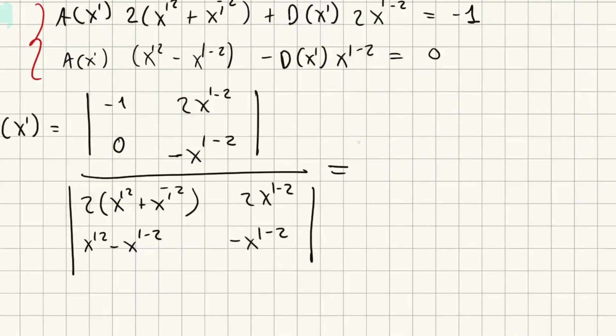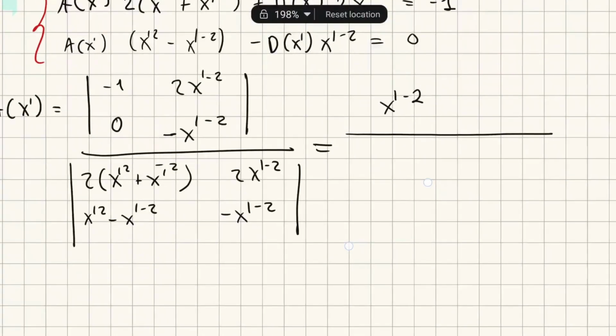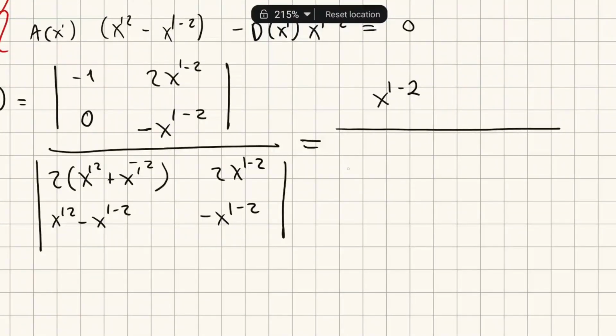It will be x prime to the negative 2 here at the numerator, divided by, here we are going to get minus 2. So it will be this times this is equal to 1, and then minus 2 x prime to the negative 4. Okay, and then we will have minus 2.